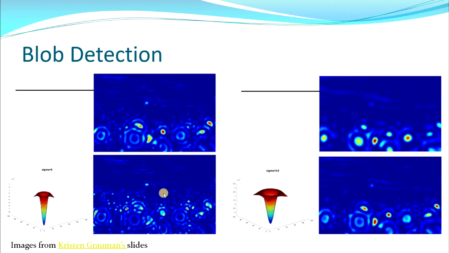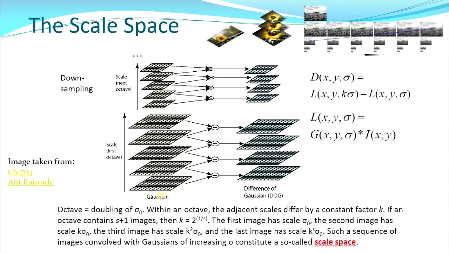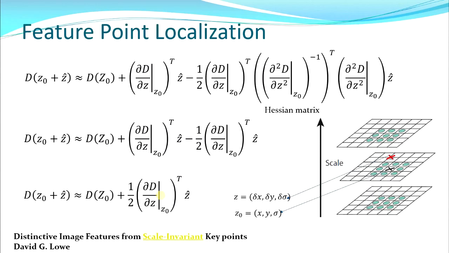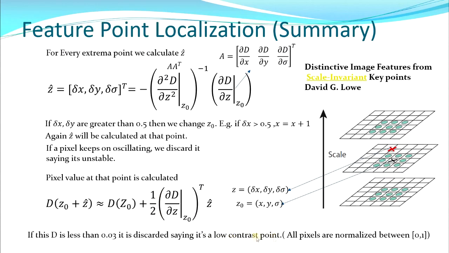So we neglect these low contrast points if the value is less than this particular value.